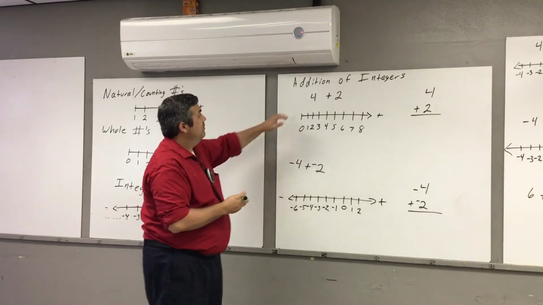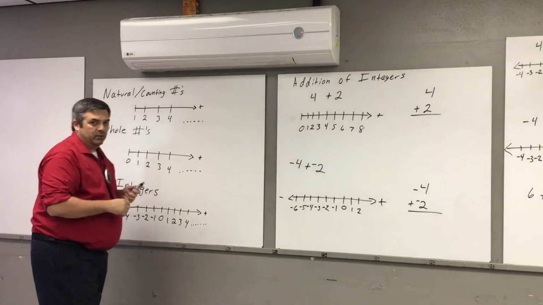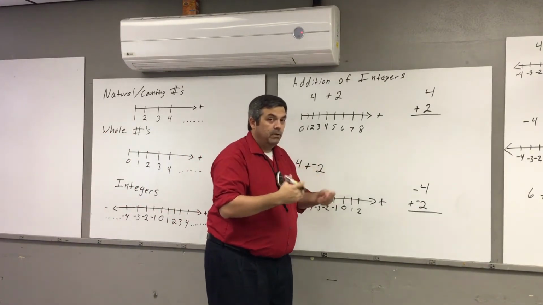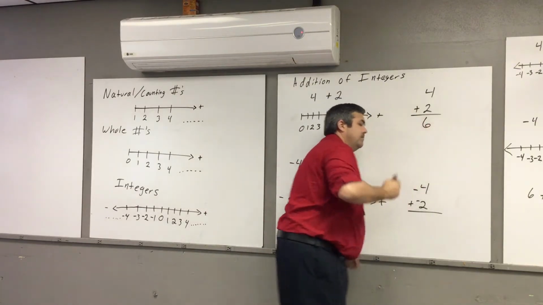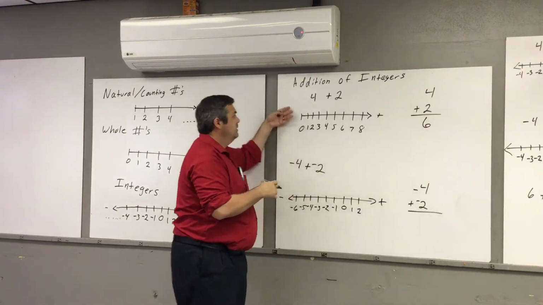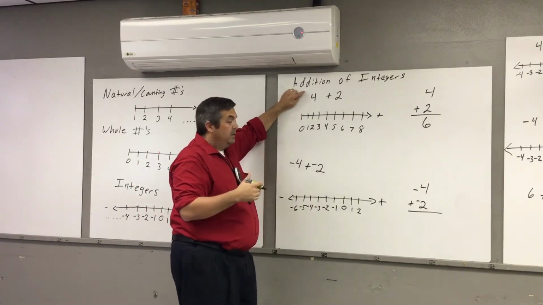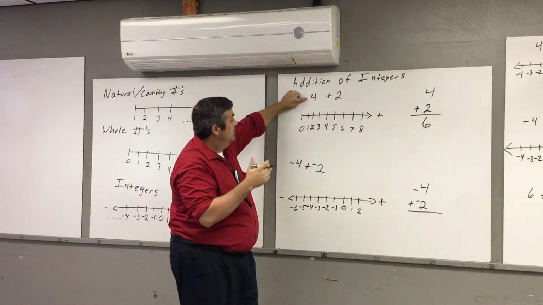So we're going to talk about addition of integers specifically today. Okay? Now if you notice, 4 plus 2, that's really just whole numbers over here. Okay? And we should all know how to add 4 plus 2. 4 plus 2 gets us 6. But I'm going to show you what that looks like on the number line. Okay? When we start putting things on number lines, we start with this first number, and that's where we go to on the number line.